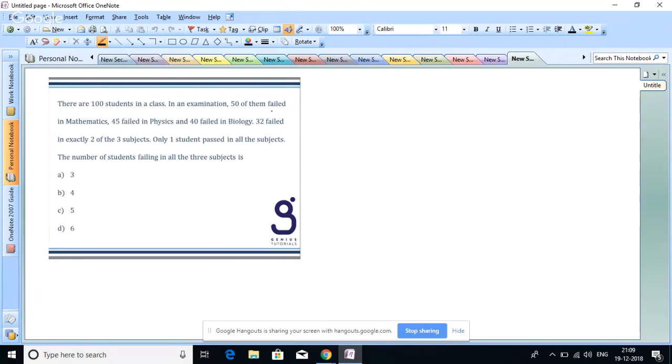Next question. There are 100 students in a class, and it is given that only one student passed in all the three subjects. So if I take 1 plus 2 plus 3, this will be 99, because one student passed in all three. Here, these represent students who failed in only one exam, in two exams, and in three exams.